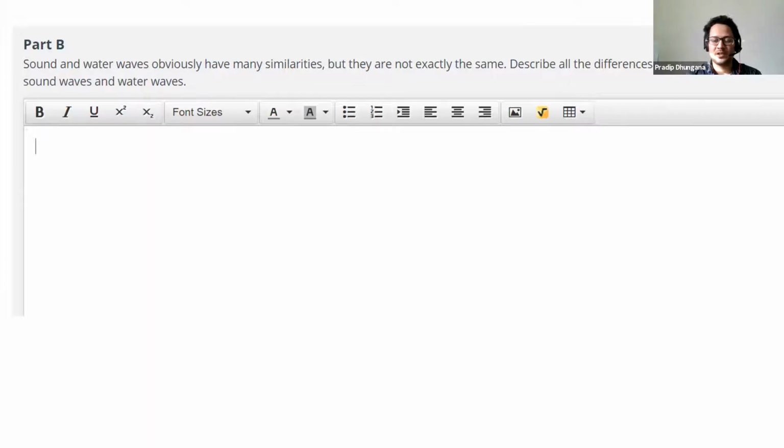I'll give you some time, and you can unmute or type your answer in chat, or you can annotate on the screen. Just write it on the screen. You can put a text box here and type it here. It's up to you. I'll give you some time to think about the difference between sound waves and water waves.